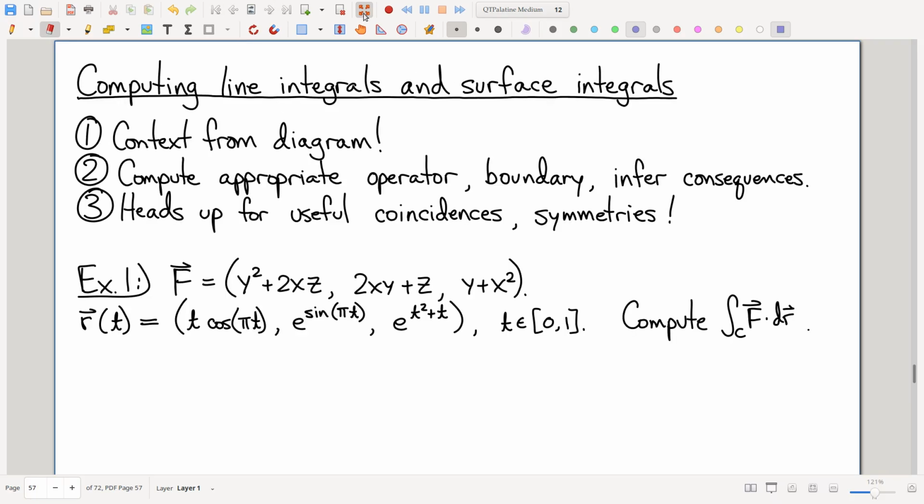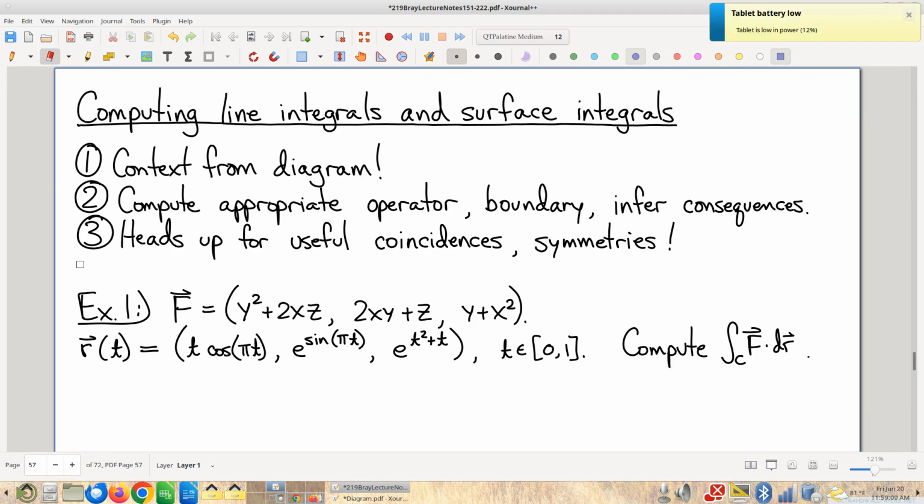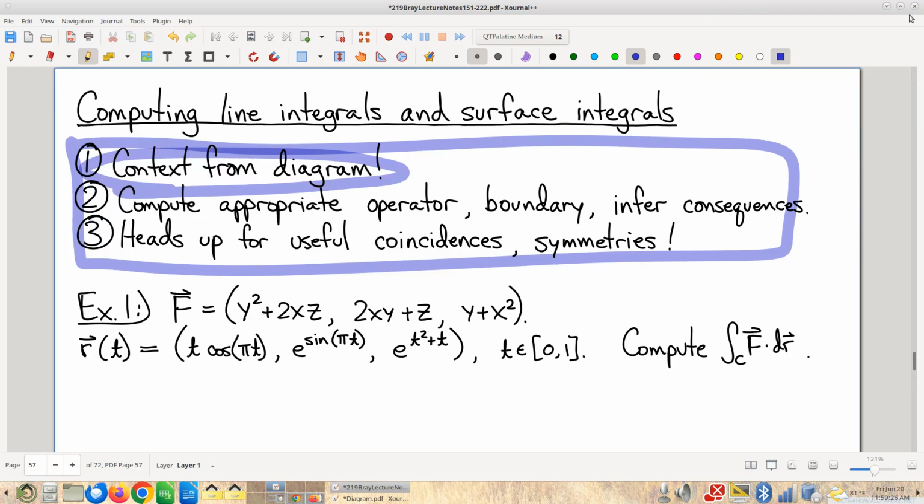Okay, so some things to keep in mind. Just general strategy for computing line integrals and surface integrals. Let the diagram do some work for you. It's very helpful.